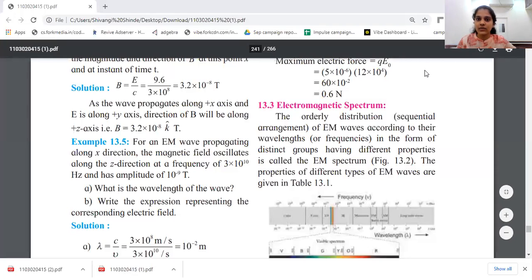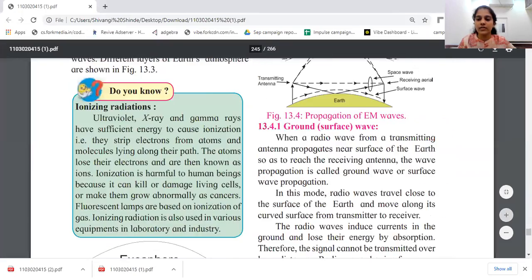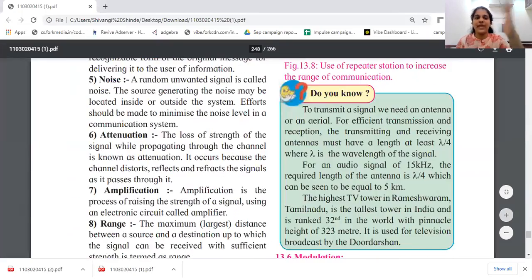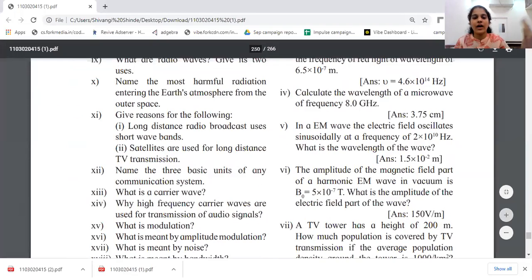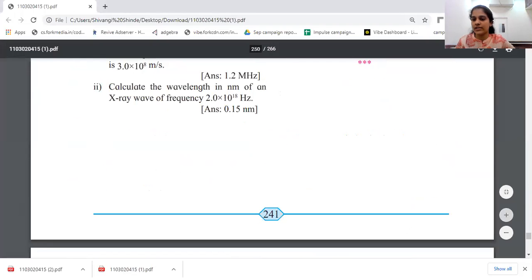Now as I said, we'll be first doing the numericals. Everyone quickly go to the page where all the questions are, after the chapter, page number 241.